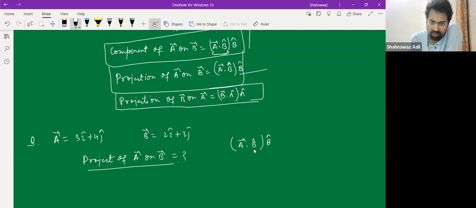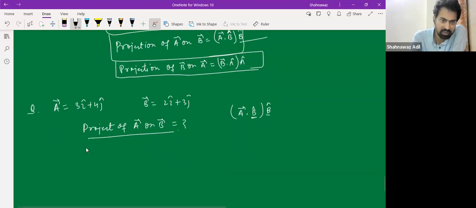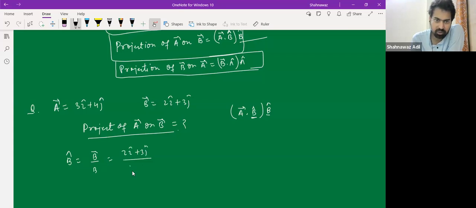So first we need to find this B hat, right, guys? Yes, sir. How can we calculate this B hat? First you have to get the magnitude. B vector divided by B magnitude. So as Rishita said, 2i plus 3j by root of 4 plus 9, that is B hat. Then we need to calculate A dot B hat.